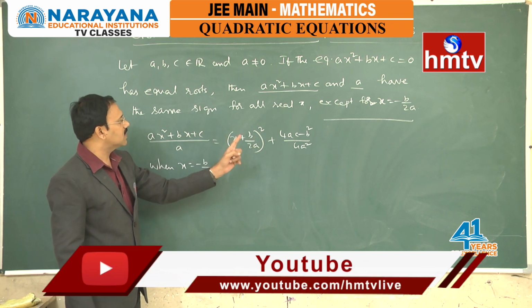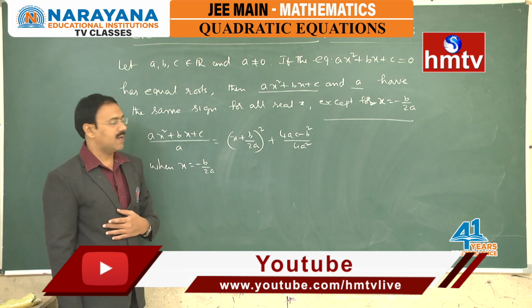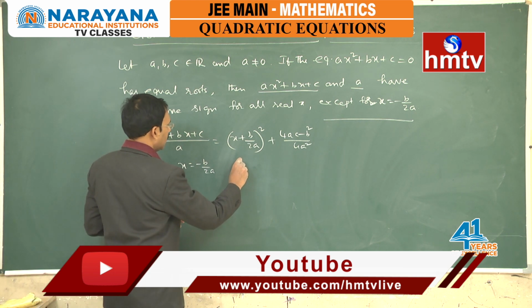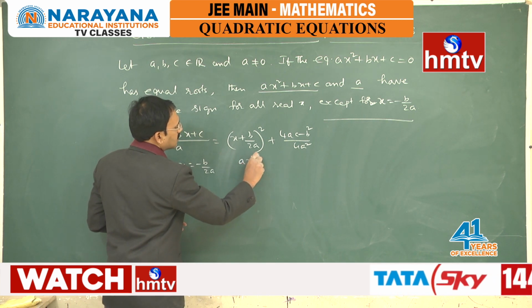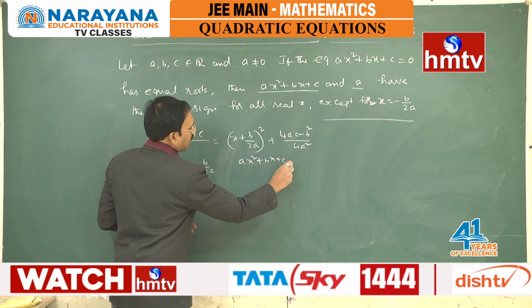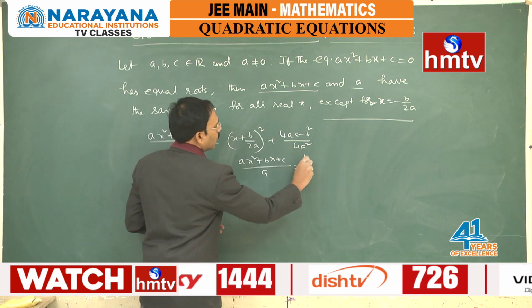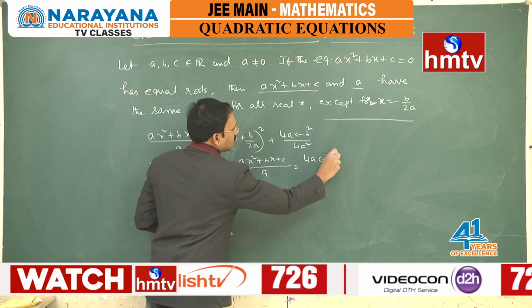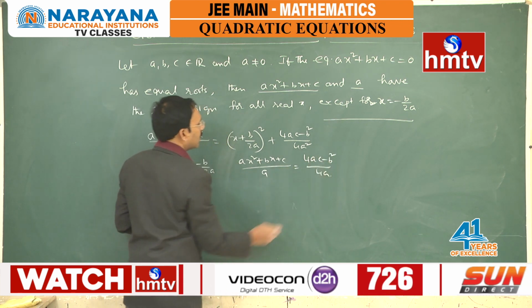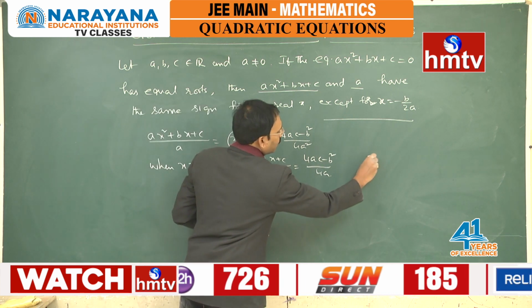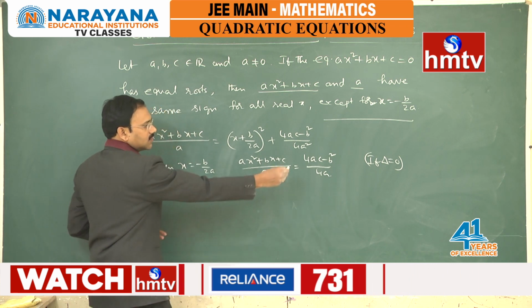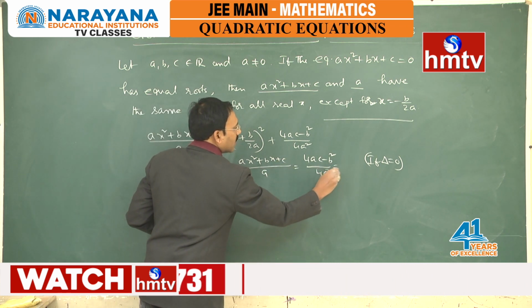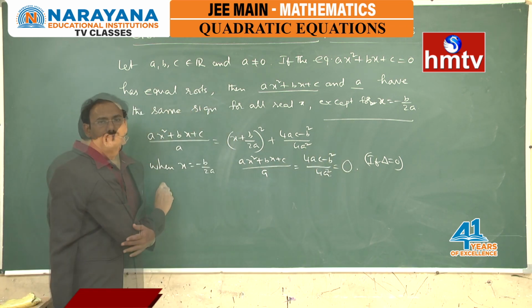So, the value is going to be 4ac minus b square by 4a, that is, ax square plus bx plus c by a will be equal to 4ac minus b square by 4a. Now, if delta is 0 for the given equation, this becomes 0 by 4a square, which is 0.